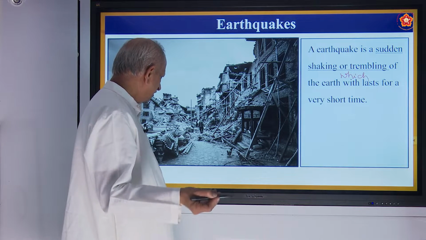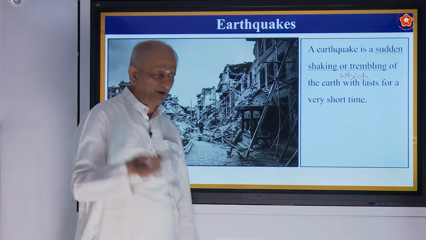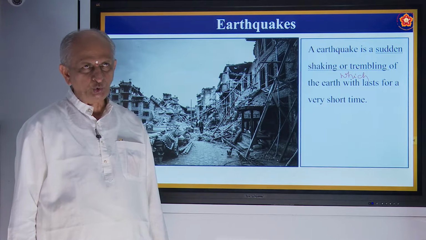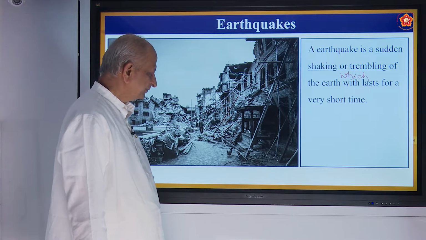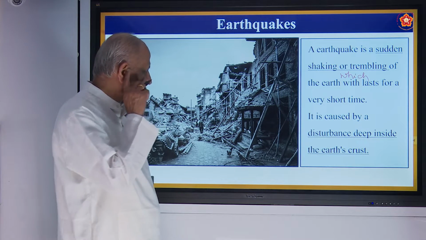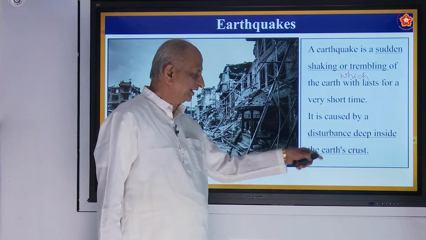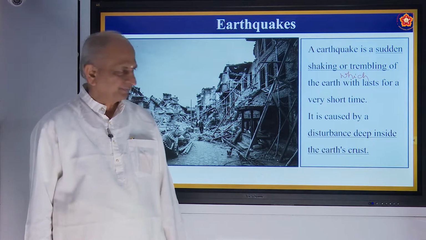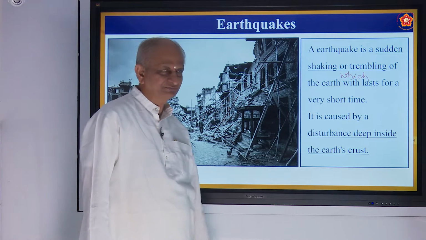But even in that short time, a lot of things are damaged and huge confusion takes place. Correct? It is caused by the disturbance deep inside the earth's crust. Okay? So it is a disturbance.